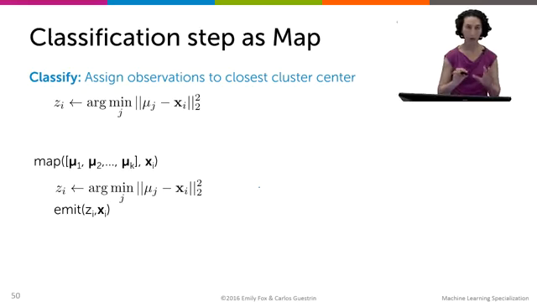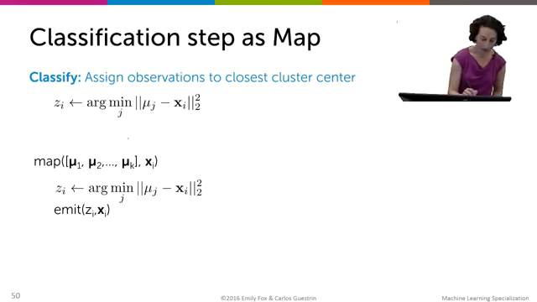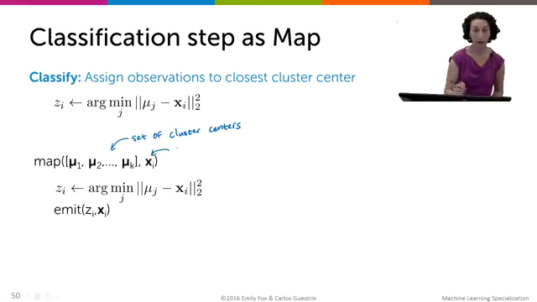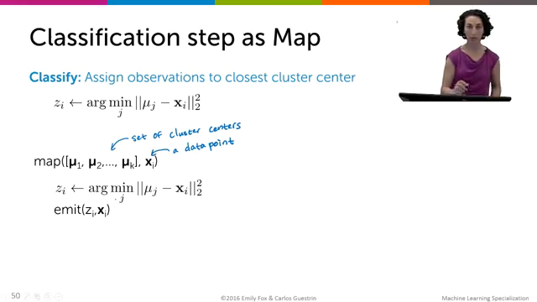So in particular, let's start with the classify step and look at the mapper for this step. And what the mapper takes in are the set of cluster centers and a single data point. And then the mapper computes the distance between that data point and each one of these cluster centers and returns the index of the cluster center that's closest to that data point.